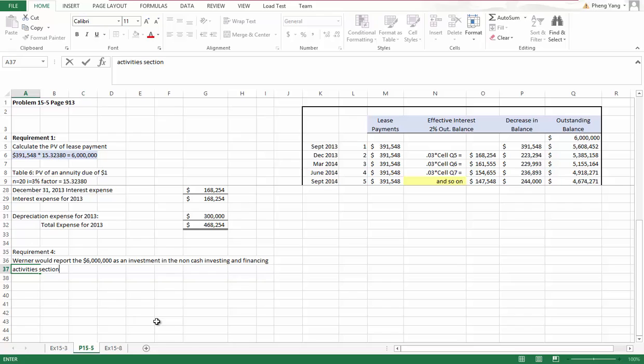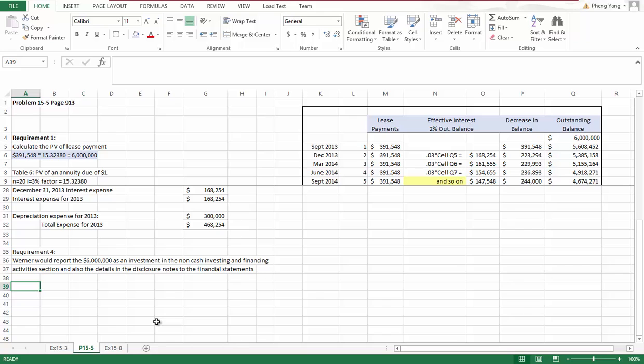Okay, and also the details in the disclosure notes to the financial statements. That's for the lease itself.